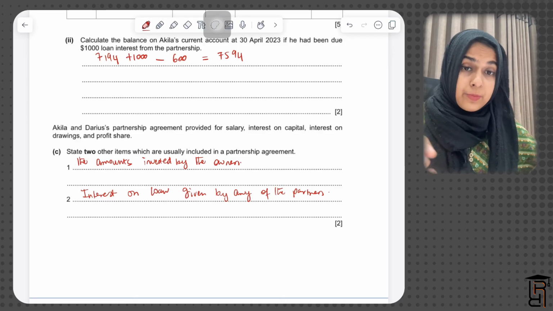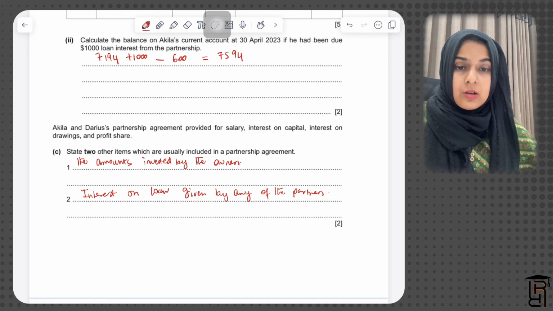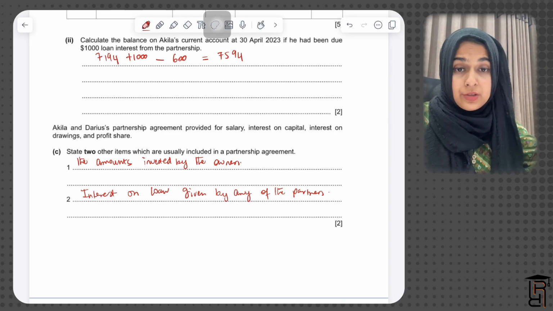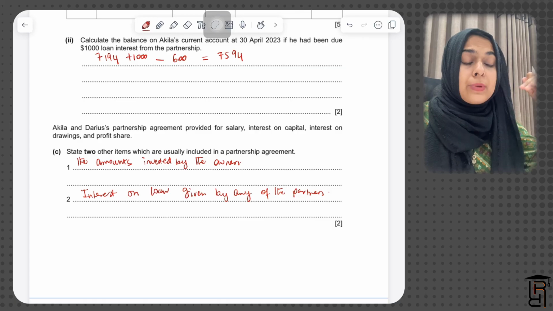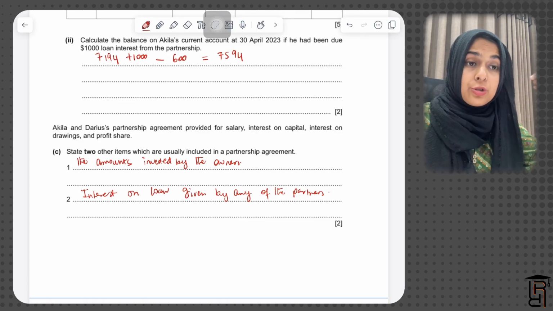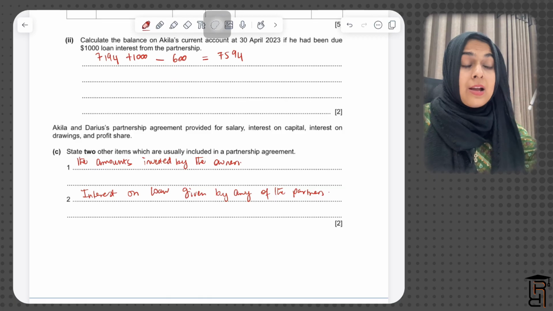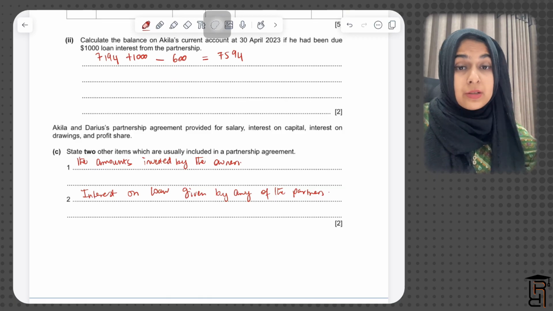This particular part is basically the theory of partnership, what all things are included in a partnership agreement. As part of your exam preparation, you should know the theory, like the advantages and disadvantages of being a partnership business. And what is included in the partnership agreement is also part of the exam syllabus.